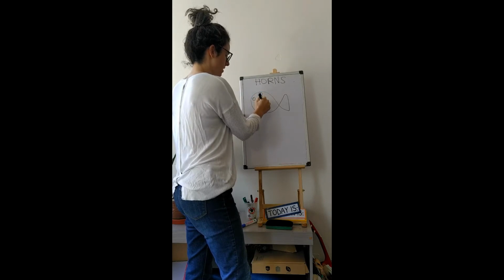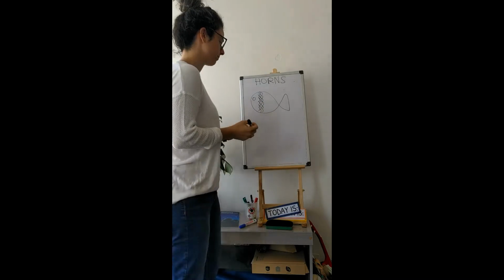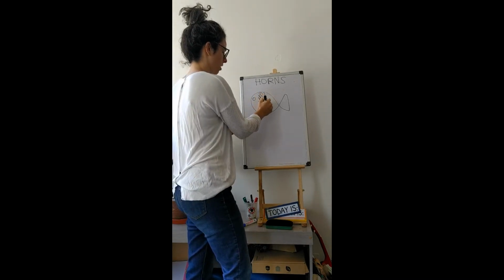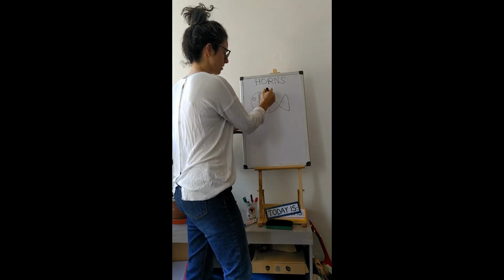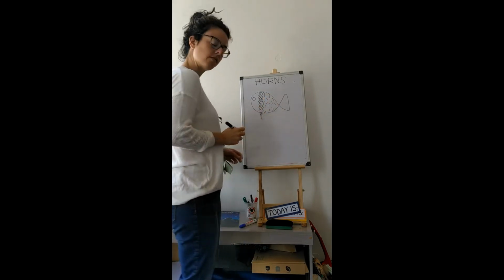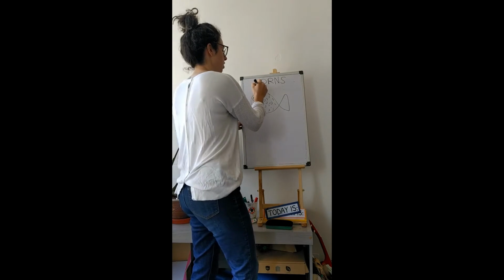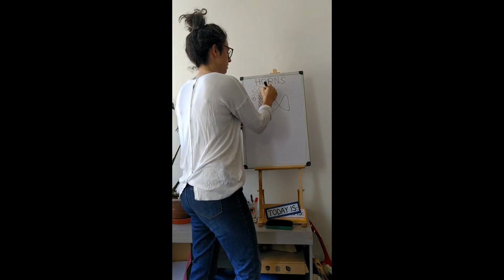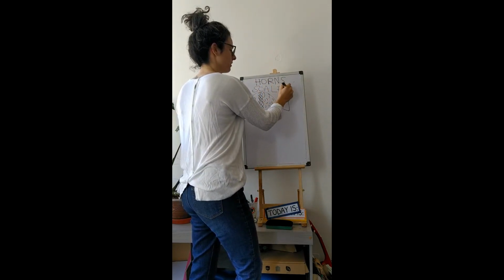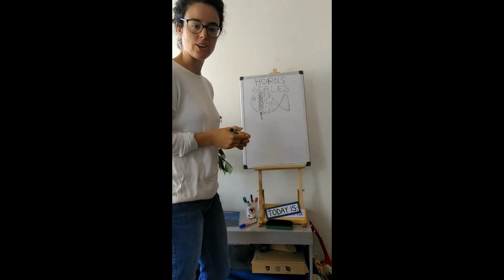What are these things called? They go all the way across. Do you know what these are called? They are called scales. Fish scales.